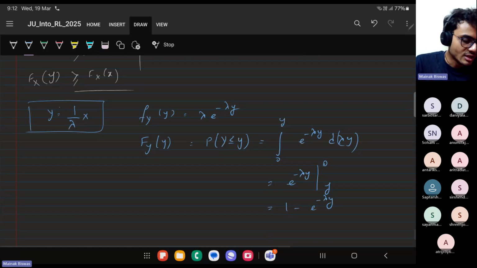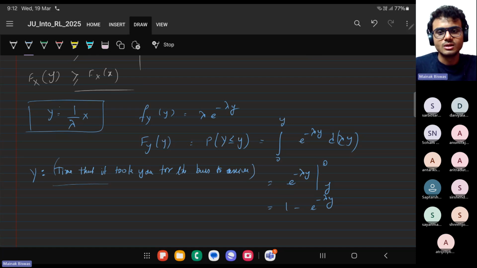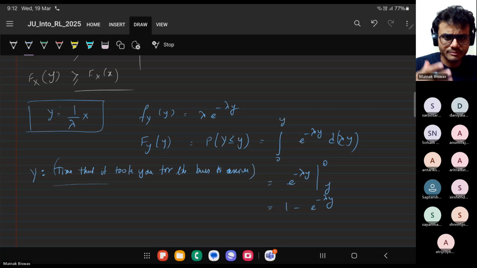Do you see? So what did I tell you? Y is the time that it took for the bus to arrive. So say the distribution of the bus arrival was this lambda e to the power minus lambda y, so it was this exponential distribution.